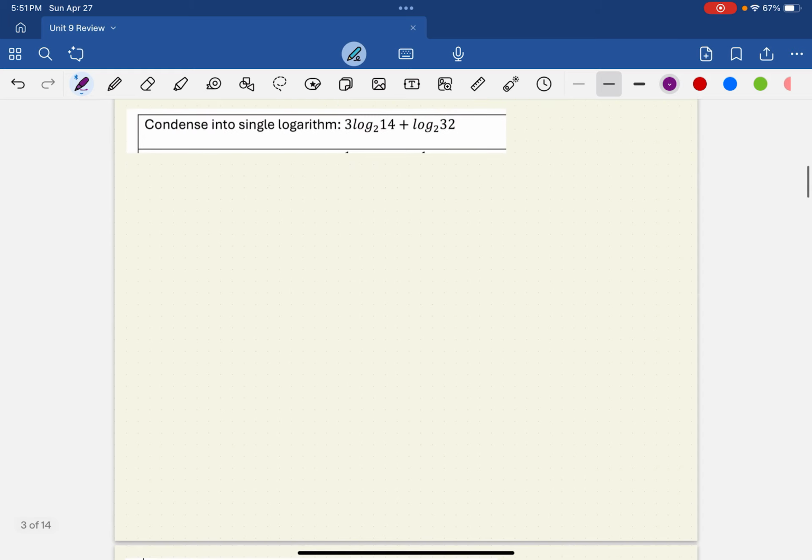Here we go. Number 1, condense into a single log. That means that I want the word log written one time. So I'm going to have, and they have to be the same base, which these both are base 2. So let's go ahead and rewrite log base 2, 14, plus log base 2, 32.